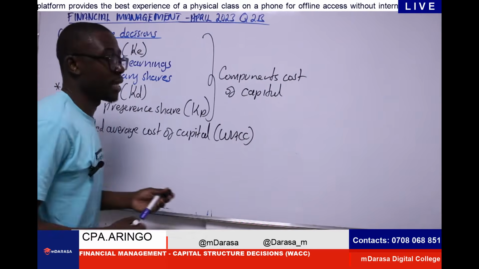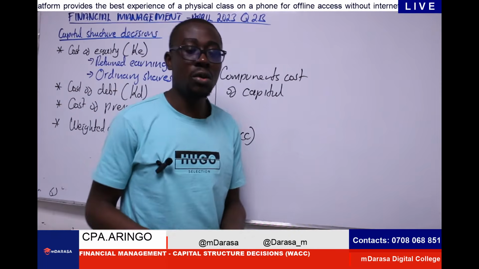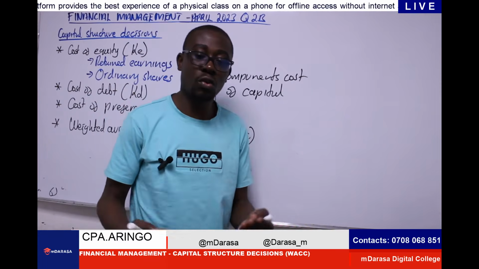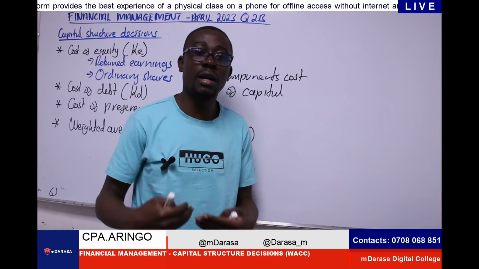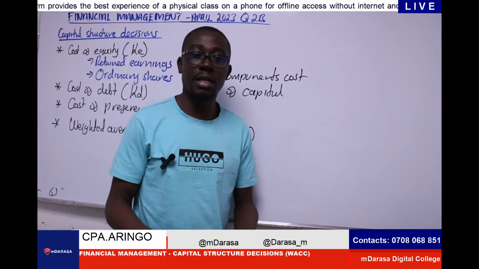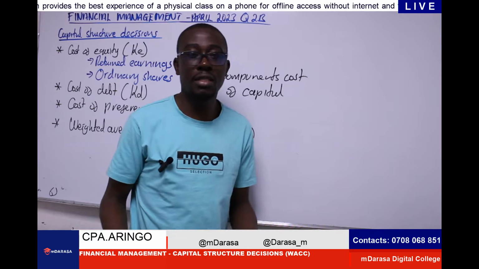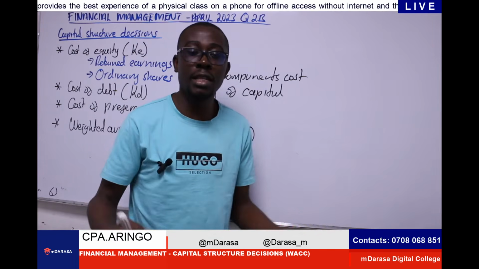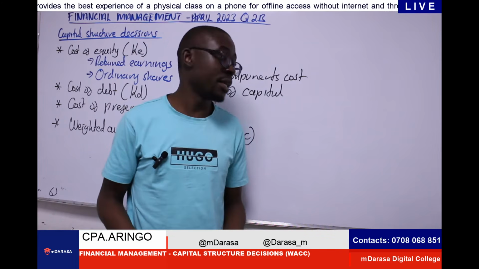So the concept behind WACC is that we just want to look at the combined cost of raising these new funds to finance existing projects, or cost of raising additional funds to finance the existing projects.